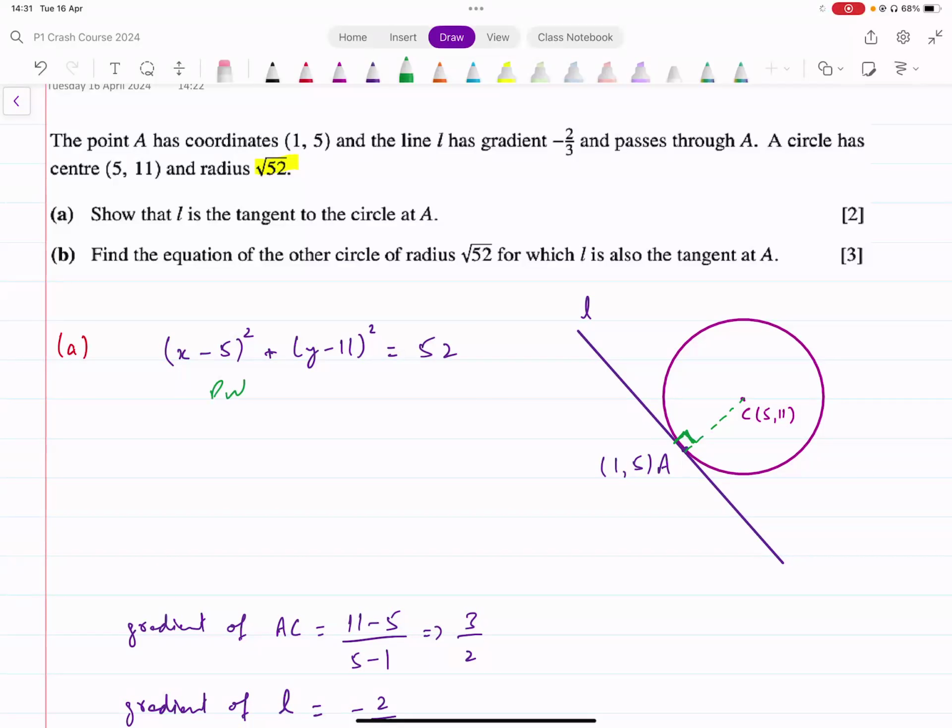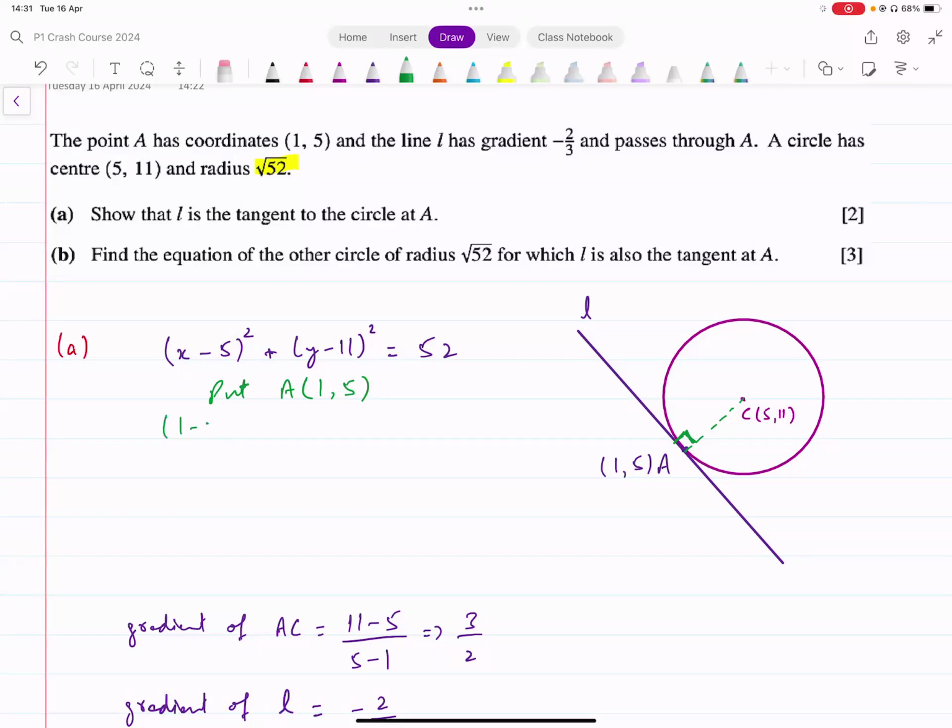Now what you do is you put the point A here. Point A is 5, 11. Okay, let's put that here. 5 minus 5. Okay, no, sorry. The point A is not this. The point A is 1, 5. Let's put point A here.